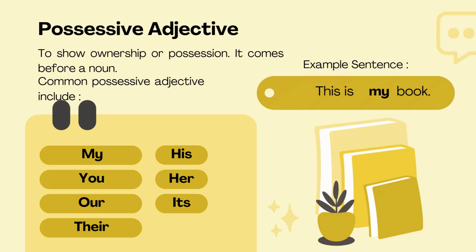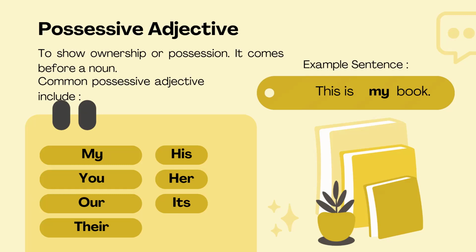For example, in the sentence, this is mine, the word mine is taking the place of the noun itself. We don't need any explanation over there. And the house at the end of the street is ours. So again here it is talking about our house, which is completely being replaced.